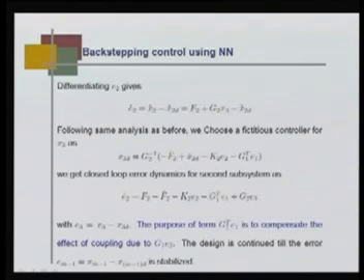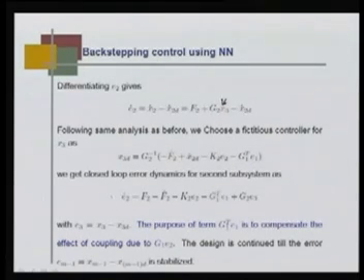Differentiating e2 gives e2 dot is x2 dot minus x2d dot, which is f2 plus g2 x3 minus x2d dot. Following the same analysis as before, we choose a fictitious control for x3 in such a way that x3d is g2 inverse times minus f2 hat plus x2d dot minus k2 e2 minus g1 transpose e1.